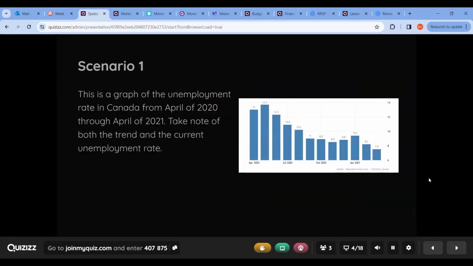Scenario 1: this is a graph of the unemployment rate in Canada from April of 2020 through April of 2021. Take note of both the trend and the current unemployment rate. The unemployment rate in Canada fell during that period from 13.7% to 7.5%. That means more people are employed during that period.